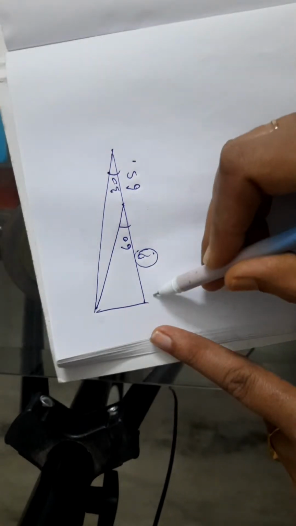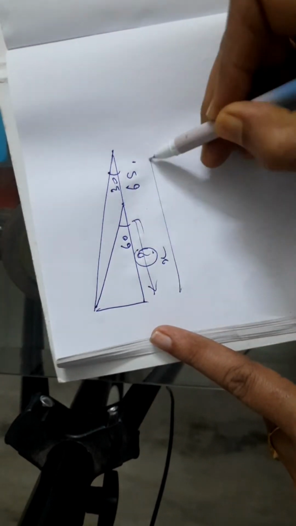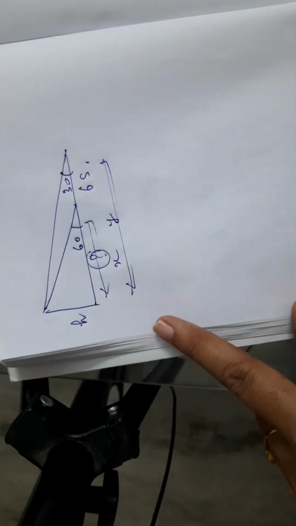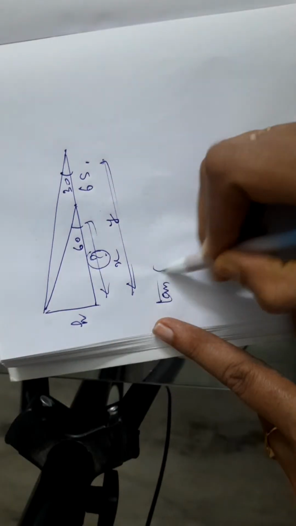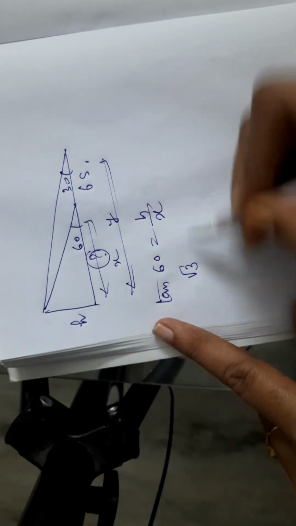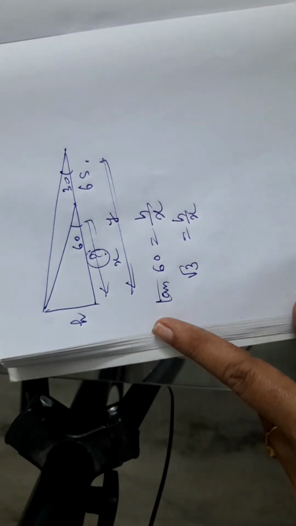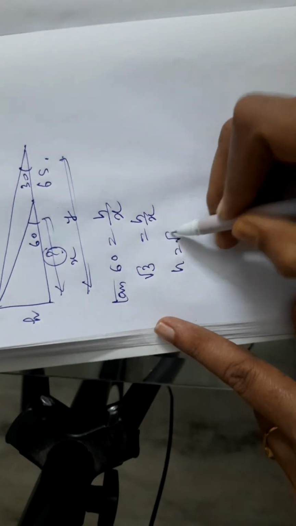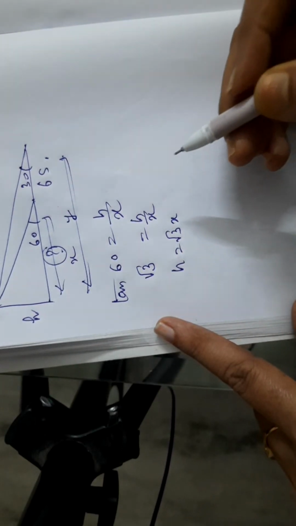So again we'll consider this part to be x, the whole part to be y, and the height to be h. So tan 60 is h upon x, tan 60 is root 3, so root 3 is h upon x. Having cross multiplication, h is root 3x.